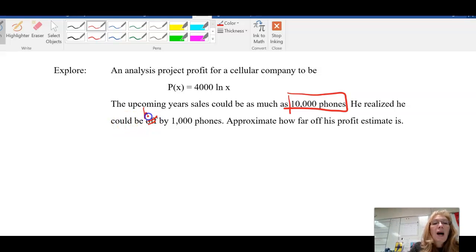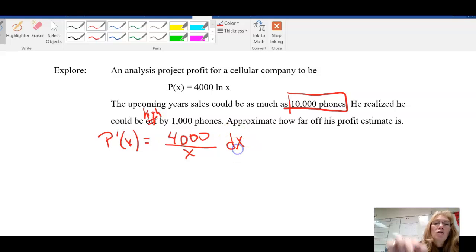They're off, so it's high, so it's a positive value by 1,000 phones. Approximately how far off his profit estimation will be. So step 1 was your derivative, and you should have gotten 4,000 over x, times the change in x. Remember the derivative of the natural log is 1 over x. I hope you did well there.